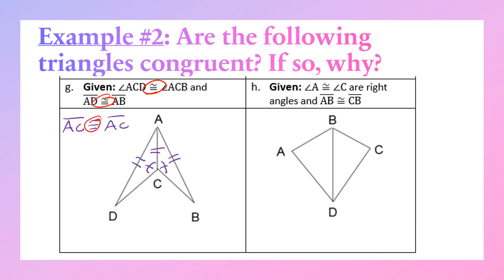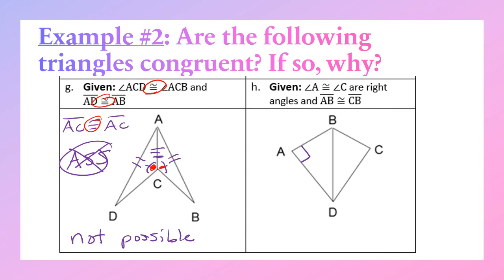That's my third congruent sign. Whoops, need another hash here though. So now if I look at it, this angle that I gave you is actually not between the two sides. So this would be a classic example of ASS. And since we don't have any donkeys in this class, this is not possible.